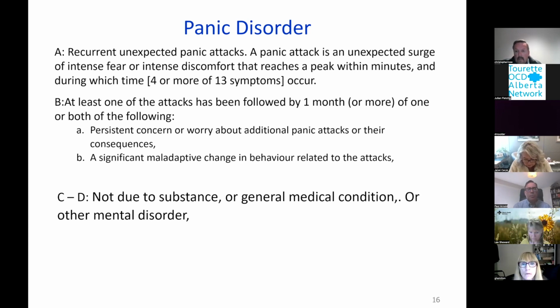This is maybe particularly important for panic disorder, maybe even compared to some of the other disorders. Although we have the criteria about substance or general medical condition, it tends to be not that hard a distinction to make. Panic disorder is a harder one. Of all the anxiety disorders, particularly in older teens, or going into young adults and older, this is the one disorder where one may go to the emergency room because of the symptoms, assuming that they're physical in nature.